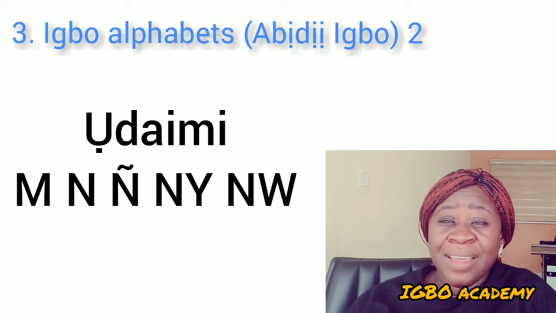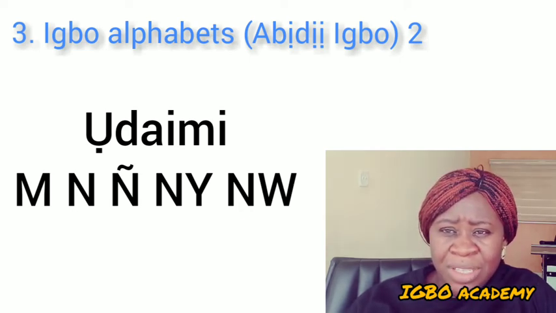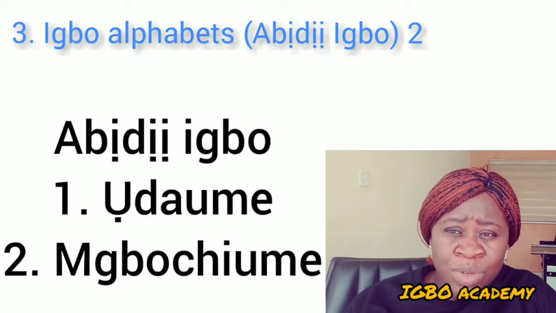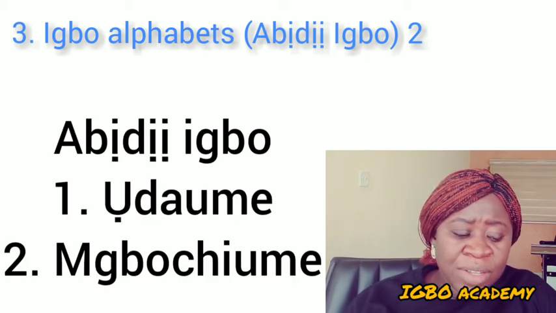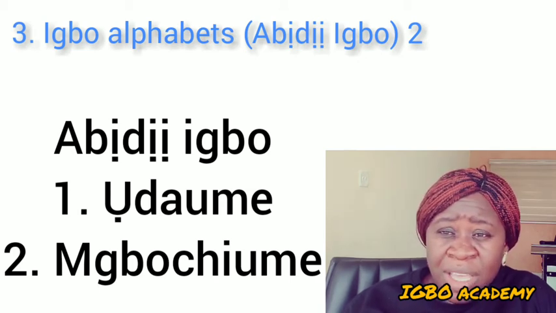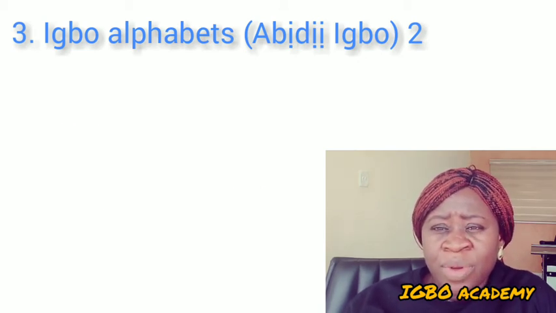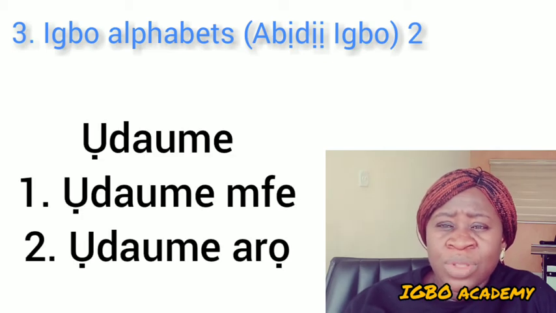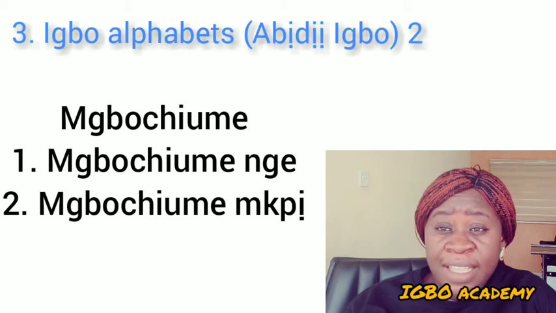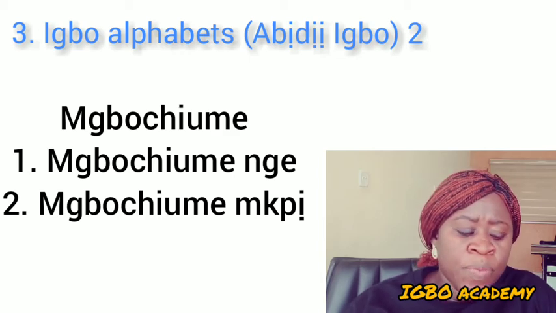So I think that will be all about the alphabet in Igbo language. Today, let's go through what we've learned. We've learned about the division of the alphabet, the abịdịị, into two, the vowels and the consonants, the udaume and the mbochume. The vowel udaume is further divided into udaume mfe and udaume aro. The consonant is further divided into mbochume mfe and mbochume aro.